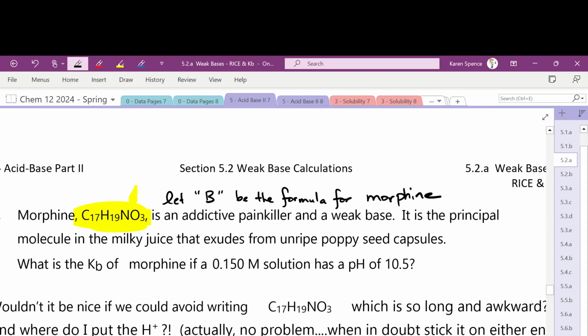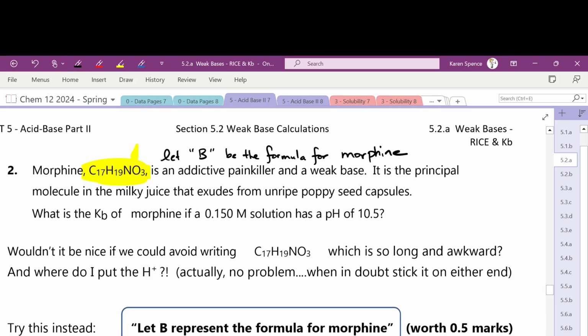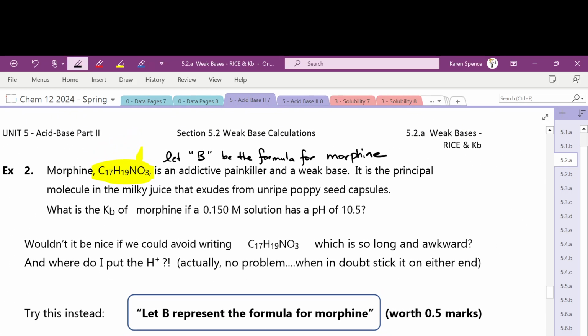Okay, so what you would do then is, I'll just give you the first step: let B represent the formula for morphine, and then you would have B, which is your base, plus H2O goes to BH plus plus OH minus.